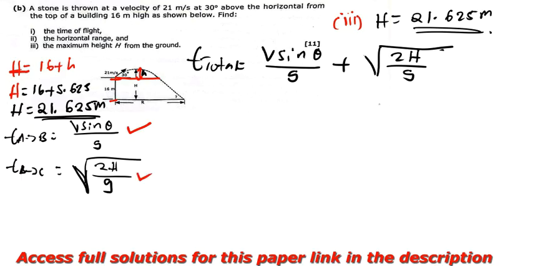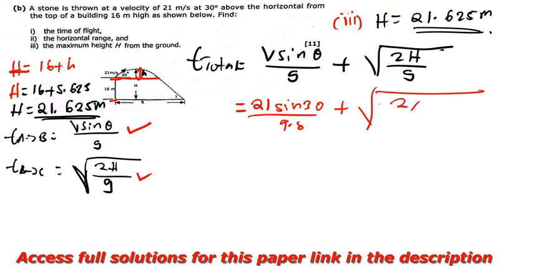But what I'm going to do here is just plug in the values. So what is v? V is 21 sine 30. I divide it by 9.8 plus the square root of 2 times h, where h is 21.625. So this formula, you can't use it without finding the h. It's not possible.